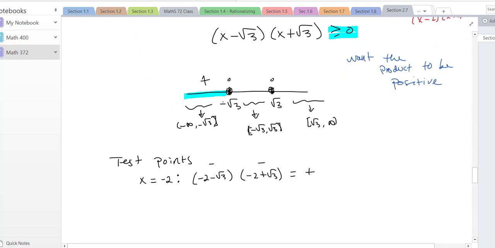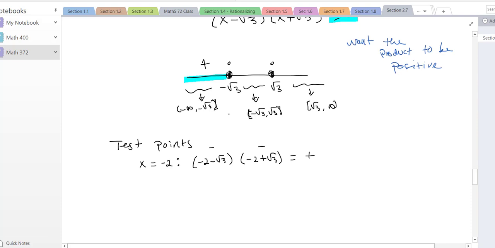And let's pick another test point, something between negative root 3 and positive root 3. Be nice to yourself, pick 0. When x is 0, you get 0 minus root 3 times 0 plus root 3, plugging it into your product. We get a negative times a positive, which is a negative. We don't want that, we want the product to be positive.